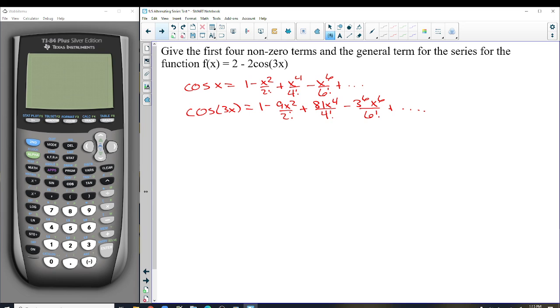Now we're going to multiply everything by 2. So how about multiply everything by, should we go negative? Let's just go 2. 2 cosine of 3x. So 2 minus 2 times 9x squared over 2 factorial plus 2 times 81 x to the 4th over 4 factorial minus 2 times 3 to the 6th x to the 6th over 6 factorial. And now we're going to go 2, and we're going to run a negative through this.